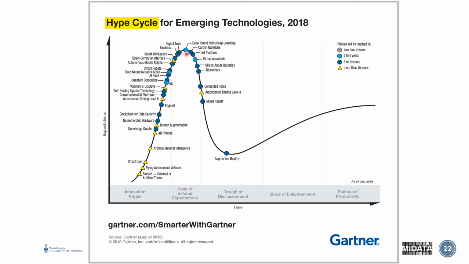But if you look here, right at the top in 2018 was the deep neural nets, the deep learning. So according to Gartner, deep learning is way up here, and I kind of believe it, right? What's going to happen is you're going to get this trough of disillusionment where the expectations of deep learning are just going to plummet because we're going to realize there's only so much we can do. Do I see it crashing this hard?